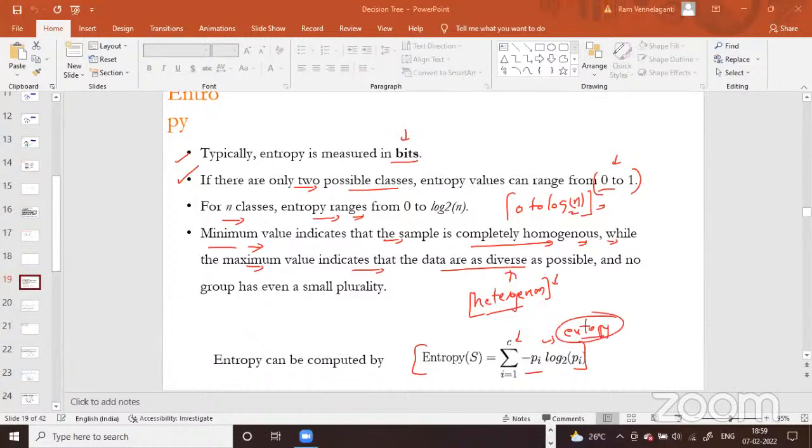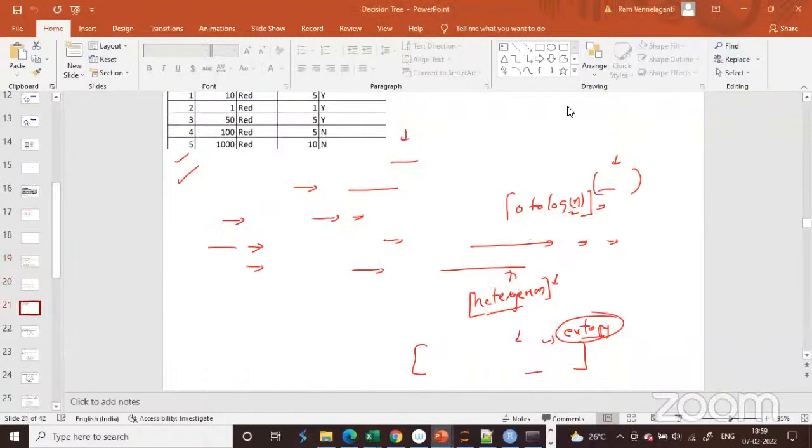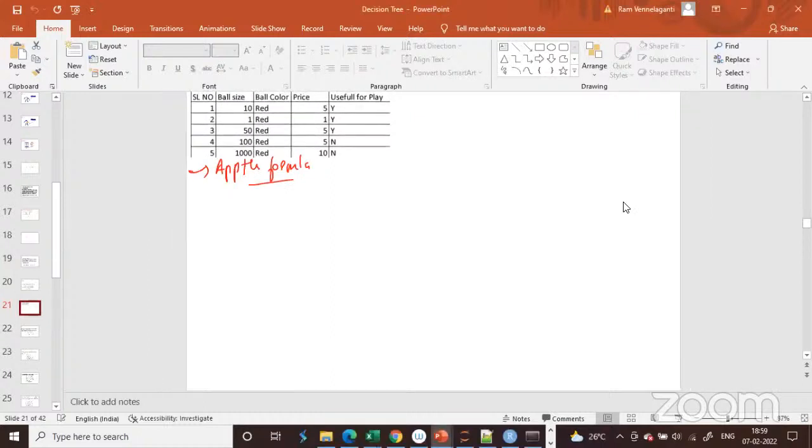Now, what is the next course of action? You have to apply this formula on the same data set and find out our entropy for our different features. Can we do that? Yes, we can. We can apply our formula, sigma i equal to 1 to n, minus p of i log p of i to the base 2.